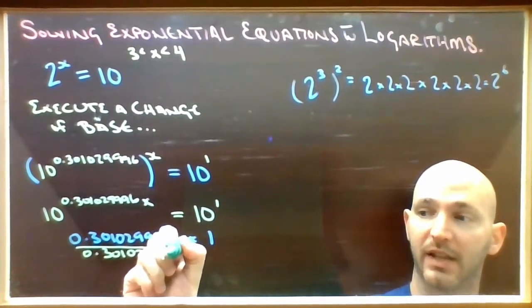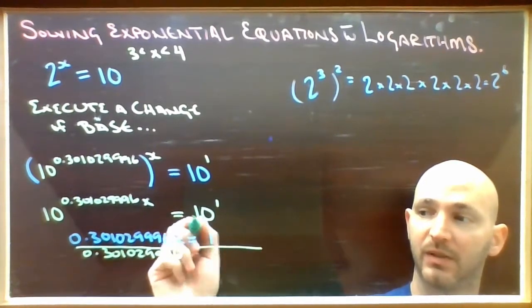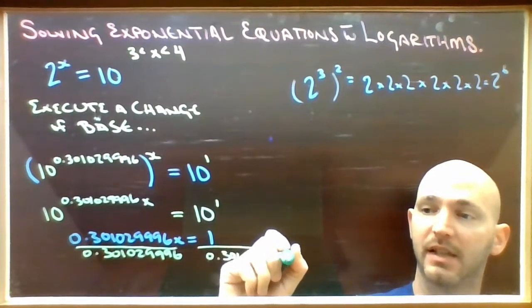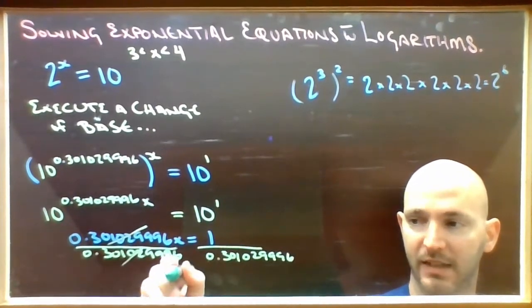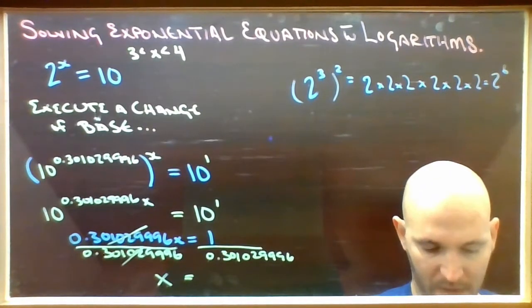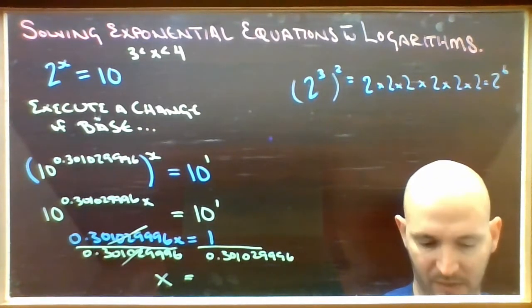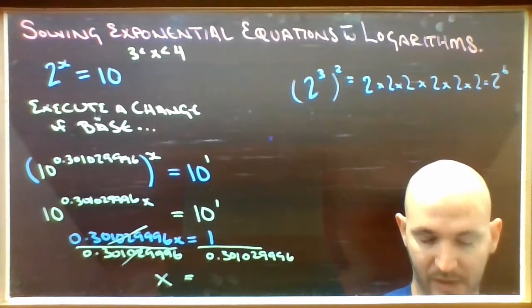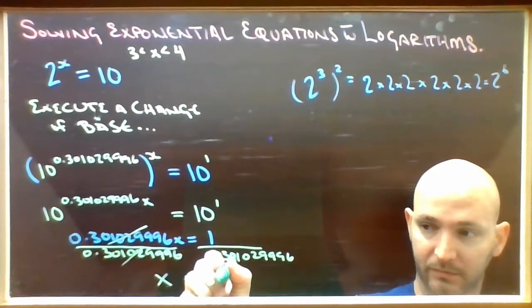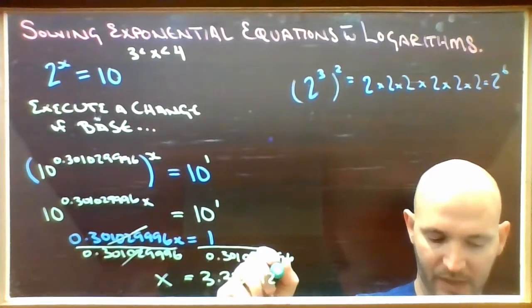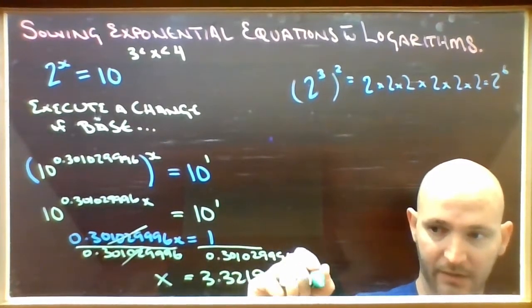That's not new, that's just algebra skills. 0.3010299996 divides out, and I'm left with x equals 1 divided by 0.3010299996, which is 3.321928095.